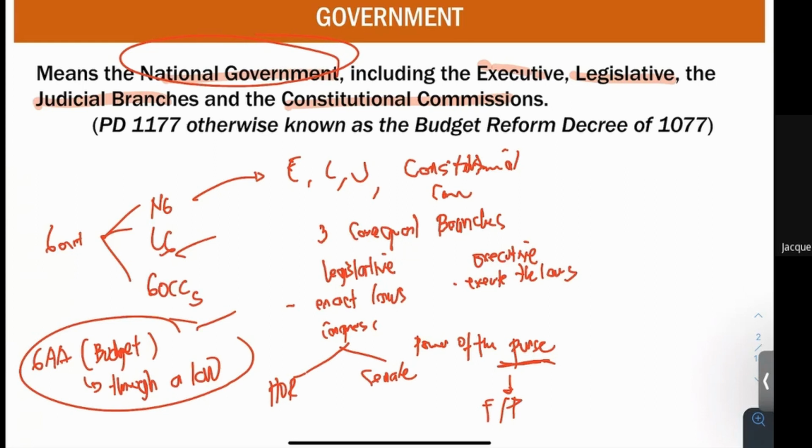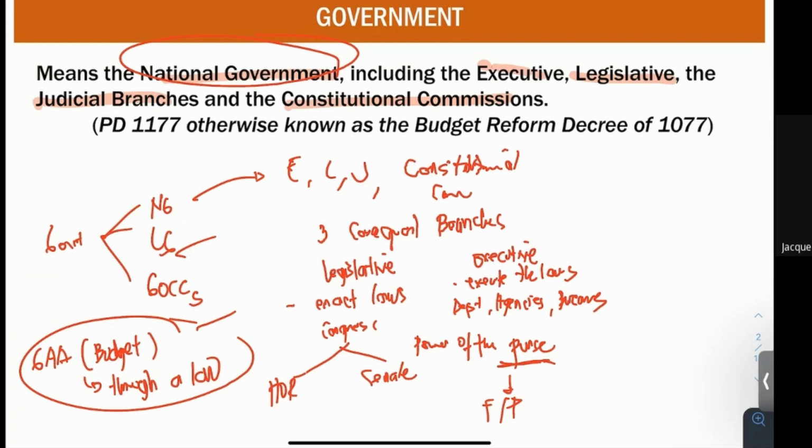How will the executive execute that law? Through its different departments, agencies, bureaus, or bodies. So the government will now execute the law that was enacted by the legislative.